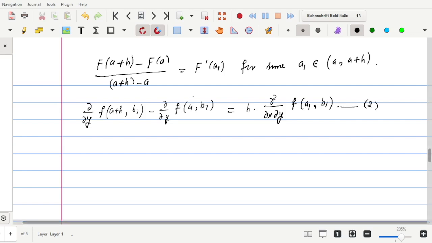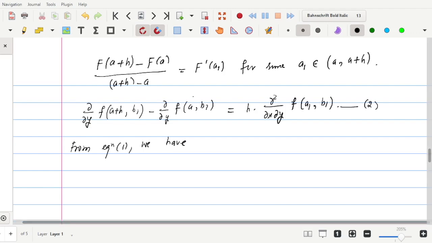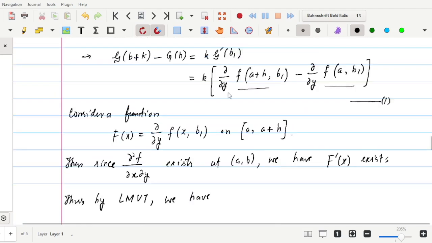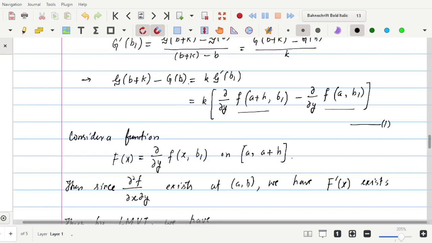Now if we look at equation number 2, and from equation 1, let's look at what our equation number 1 was. It was g of b plus k minus g of b, which was equal to k times the expression on the right hand side, which is exactly the expression on the left hand side of equation number 2.